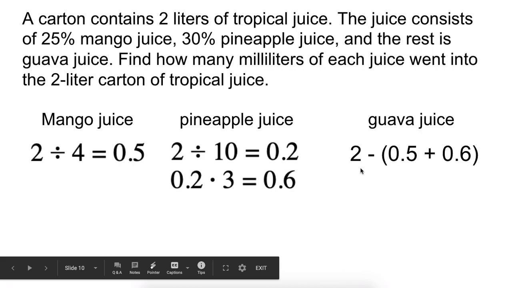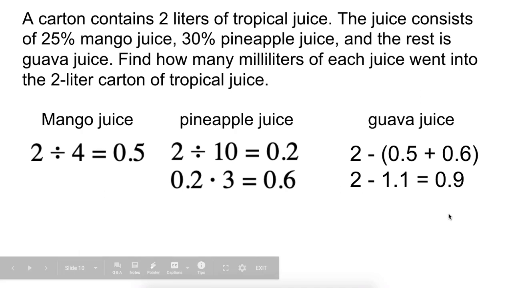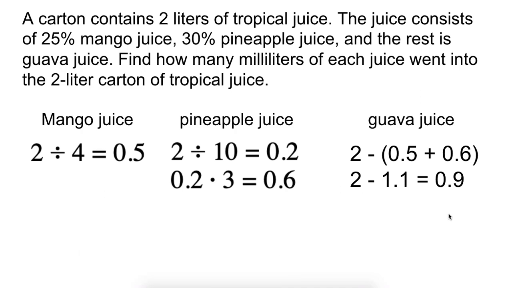So I know that the whole is 2 liters, and I know that the mango juice is 0.5 or 5/10, and the pineapple juice is 0.6, so I'm going to take the parts that I know away from the whole, and that will give me what's left. So I end up with 2 minus 1.1, which is 0.9. So I end up with 0.9 liters of guava juice.